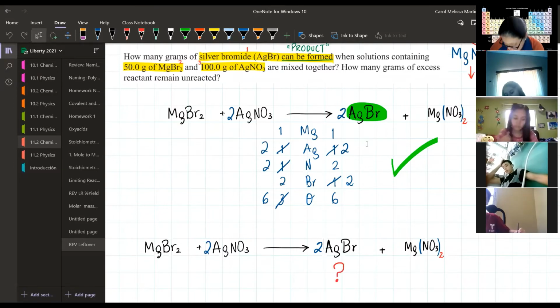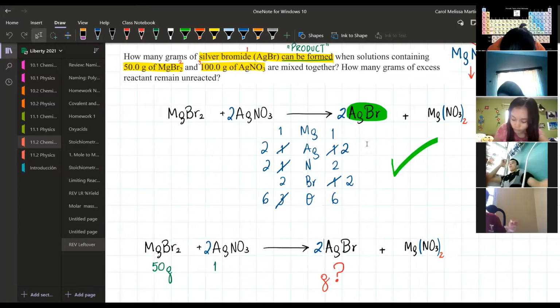So I need to find grams of silver bromide when 50 grams of magnesium bromide reacts with 100 grams of silver nitrate. Okay, that is information given in the problem.